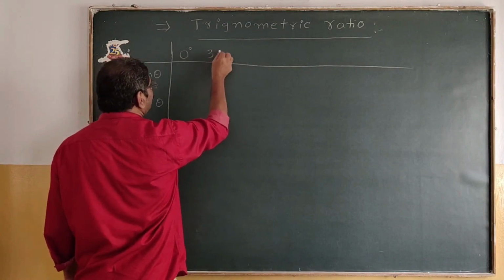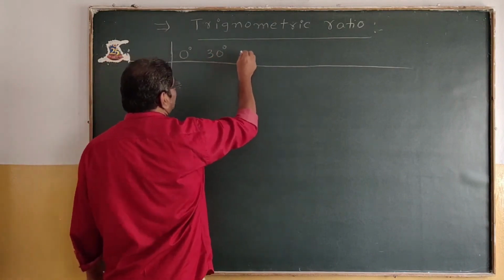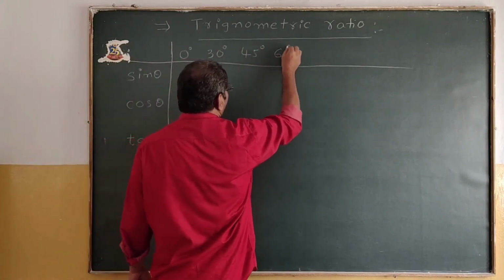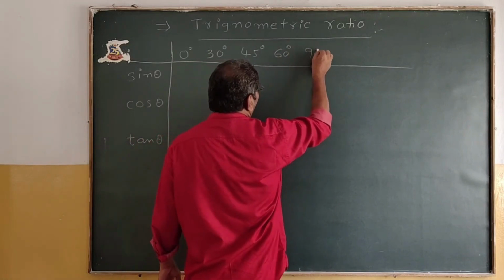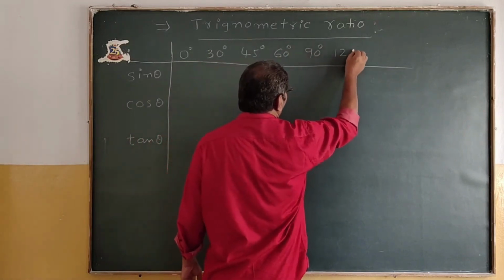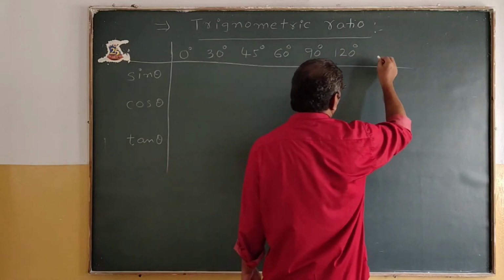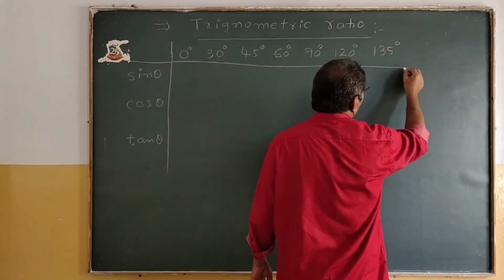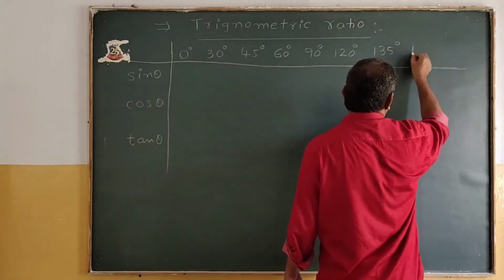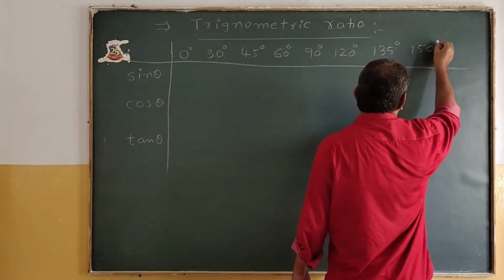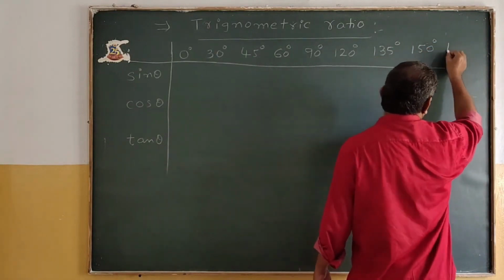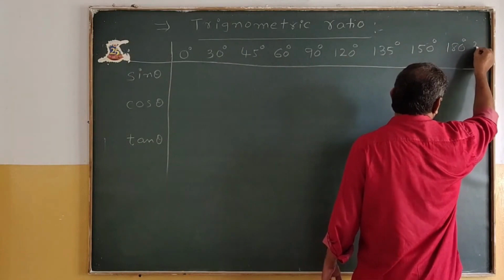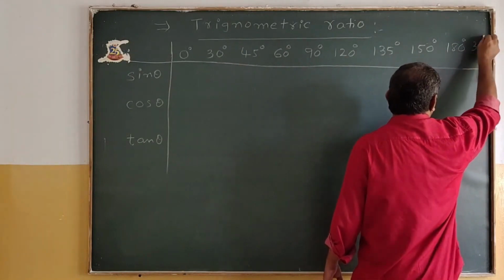So 0 degree, 30 degree, 45 degree, 60 degree, 90 degree, 120 degree, followed by 135 degree, followed by 150 degree, followed by 180 degree, followed by 360 degree.